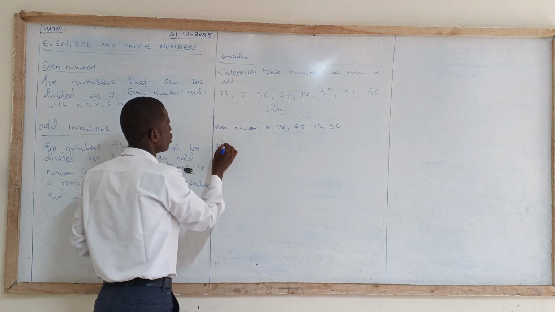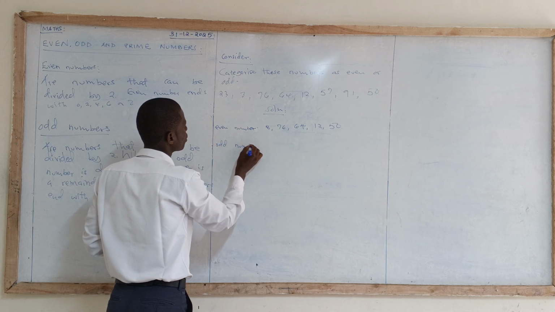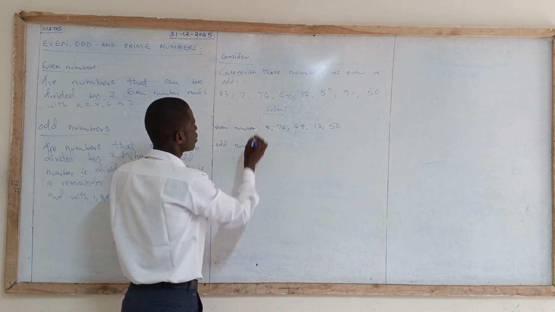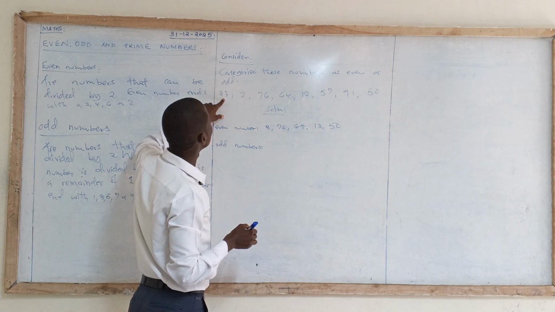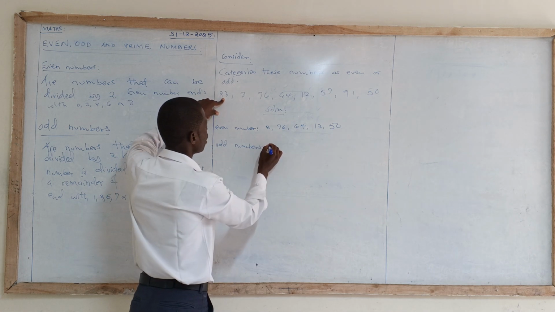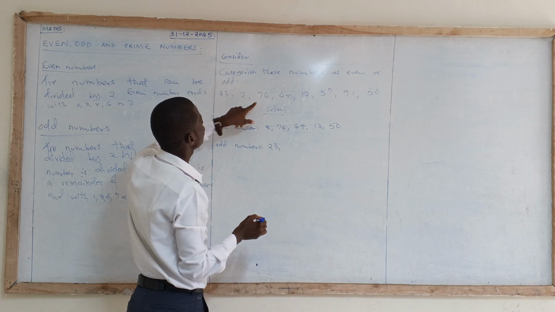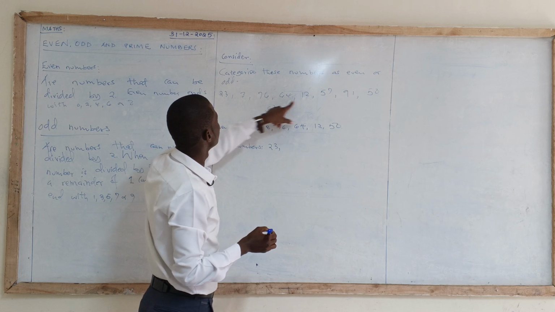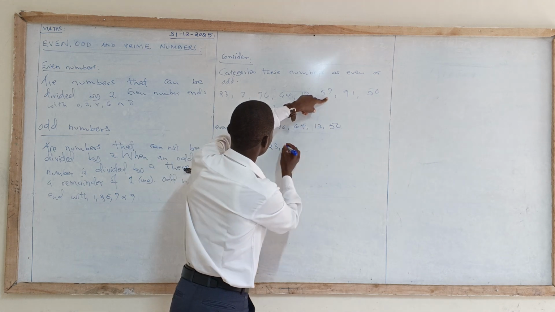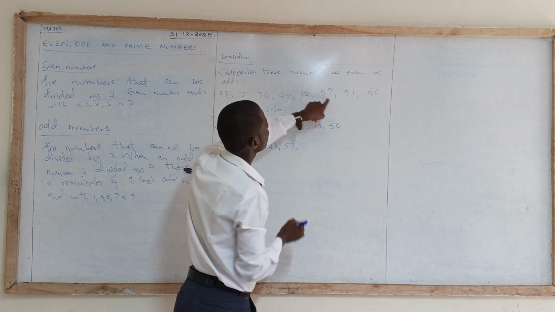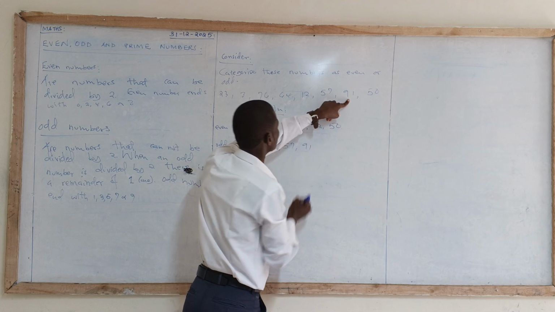Come to odd numbers. Let's start with this one, it ends in 3. So this is 23. This one ends in 7, 57. This is 91.